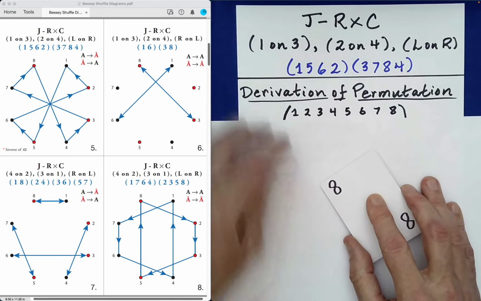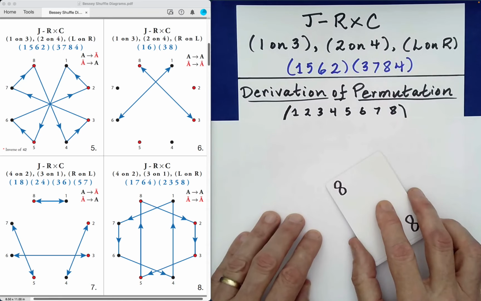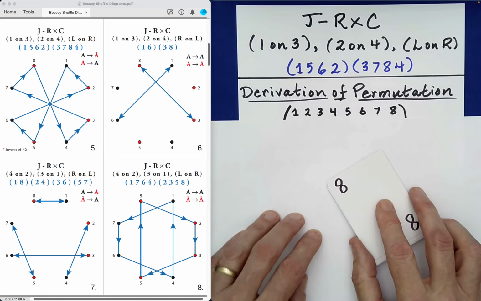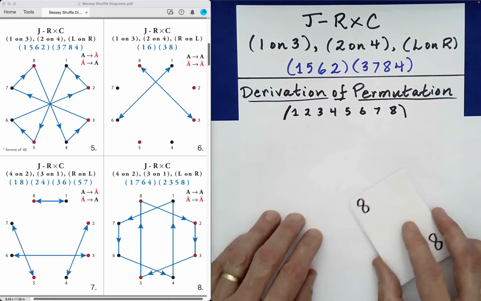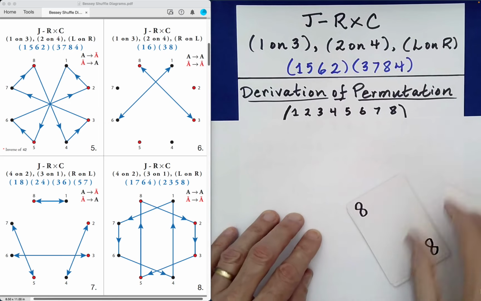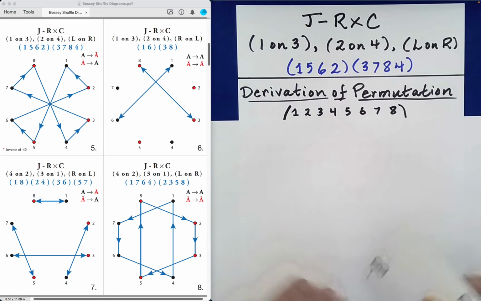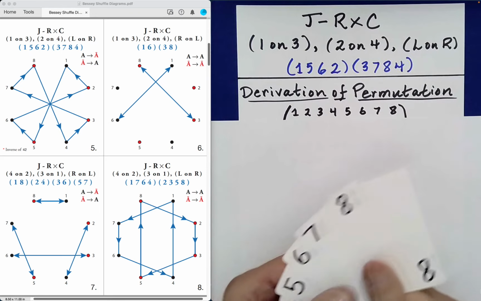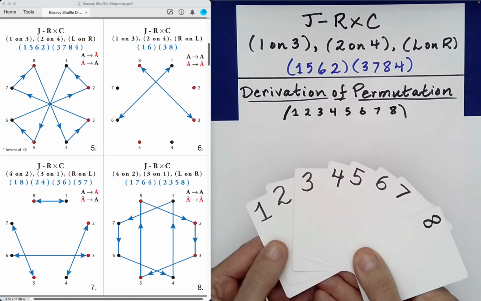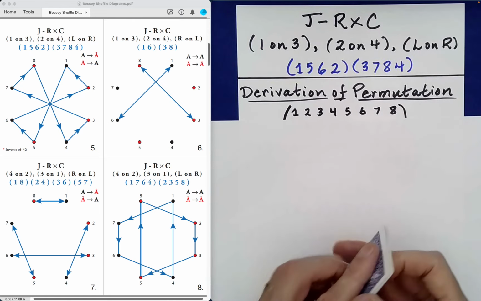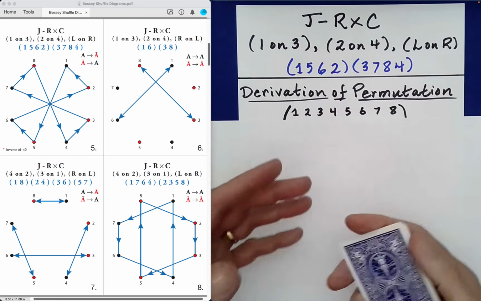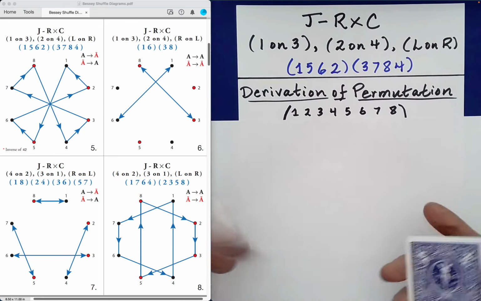If you remember, we began with Cauchy's 2-line notation for our permutation. So the top row will just be 1 through 8. What we do is we work with an ordered packet, and I've just numbered these 1 through 8. We perform our shuffle, and then we look at what results. Okay?